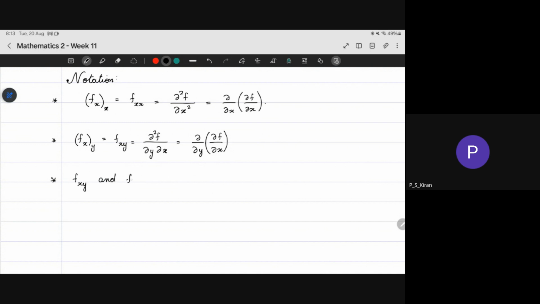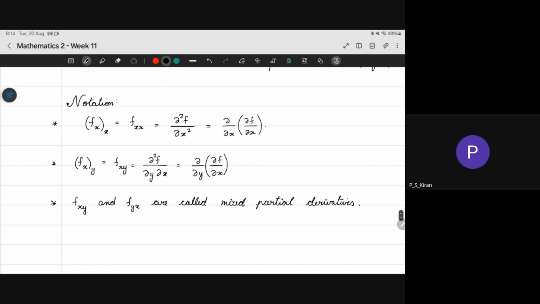f_xy and f_yx are called mixed partial derivatives. If you differentiate twice in the direction of x, that is not a mixed derivative.